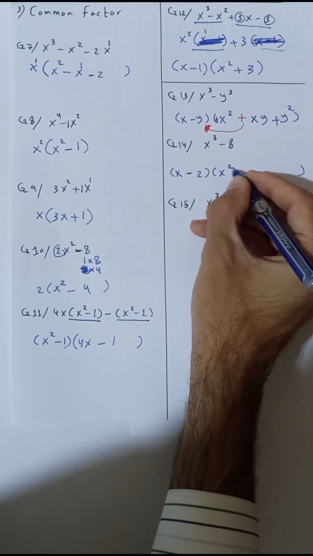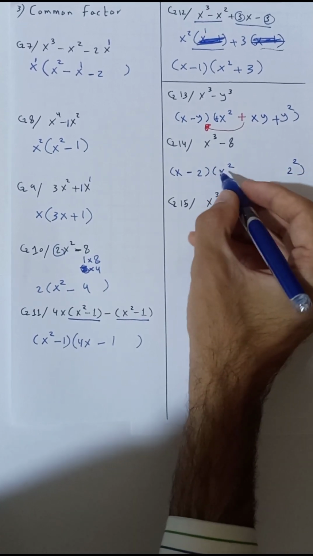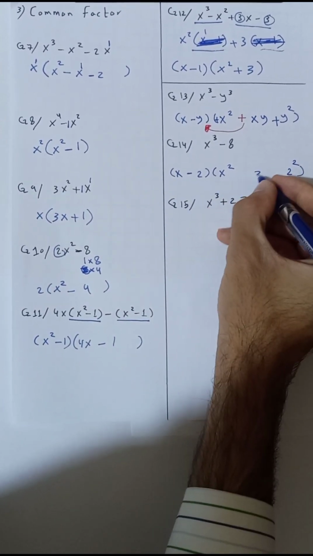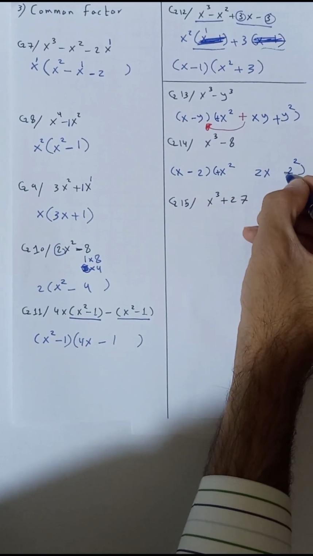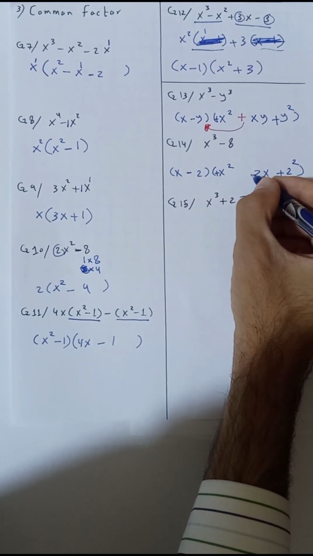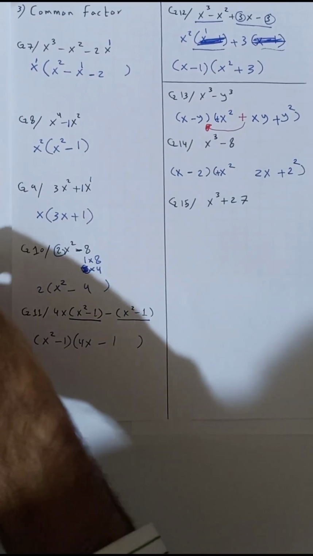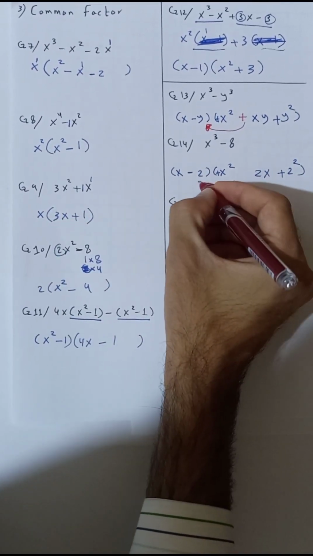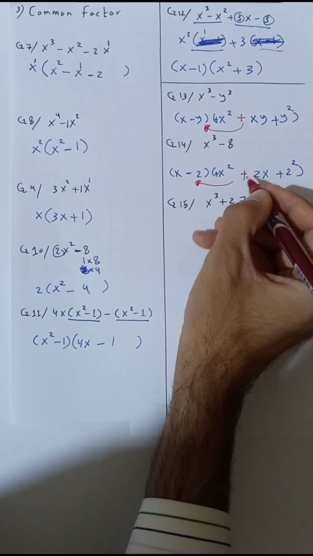X here will be square, 2 here will be square. X times 2, 2x. The first always will be positive, the last one always will be positive. The middle term always will be opposite of this sign, so it will be plus.